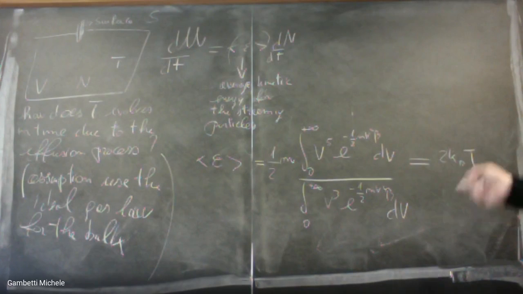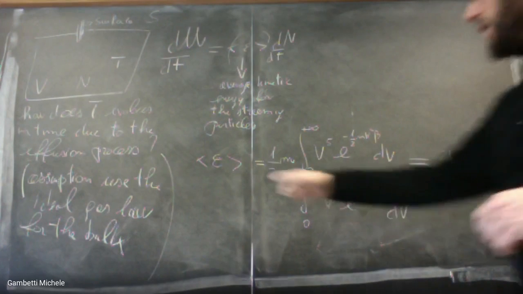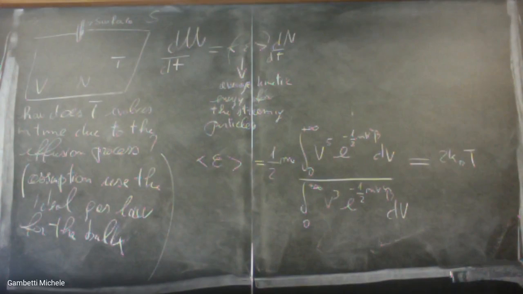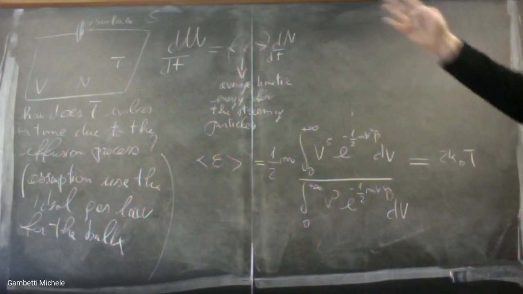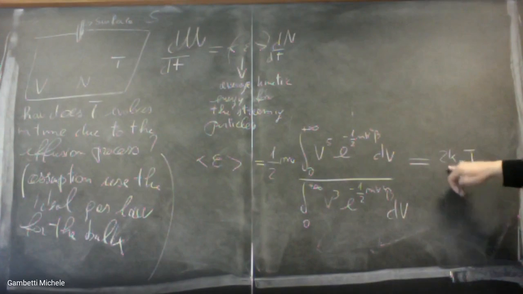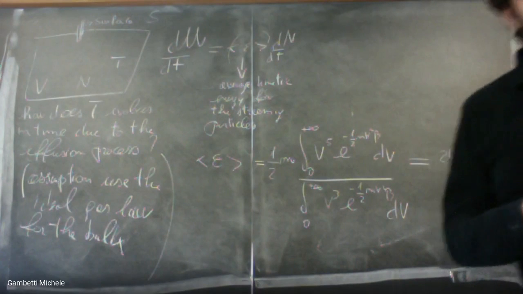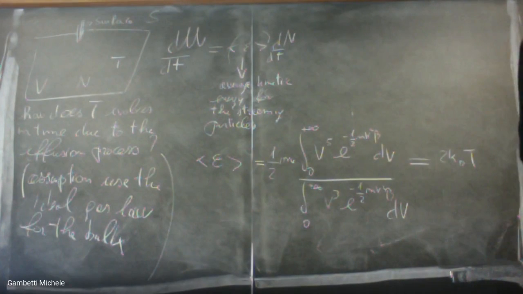So in the bulk this average energy will be the usual 3/2 kBT, whereas in the stream of particles it is 2 kBT, which is larger, because we have seen before that the average velocity in the stream is larger with respect to what happens in the bulk.